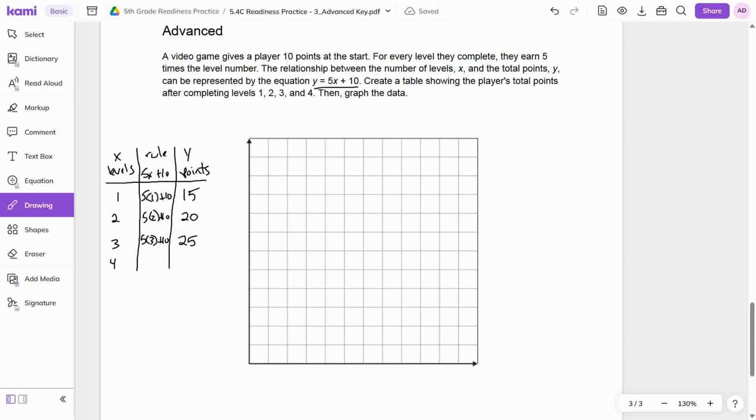Notice we're just going up by 5s on the y. We have 5 times 4 plus 10, that's 20 plus 10, 30. So if I'm looking at my xy values, I have 4 points that I want to graph: 1, 15, 2, 20, 3, 25, and then 4, 30.